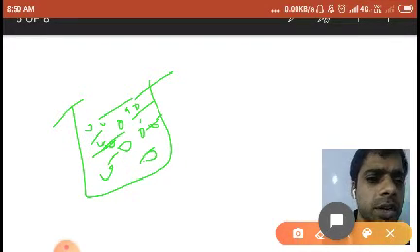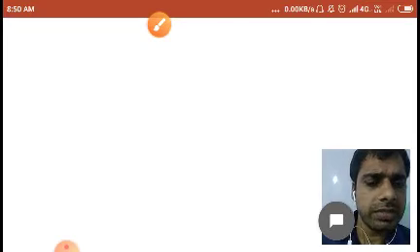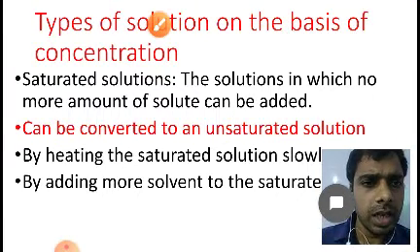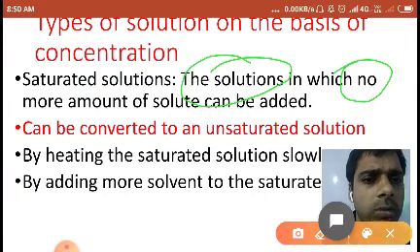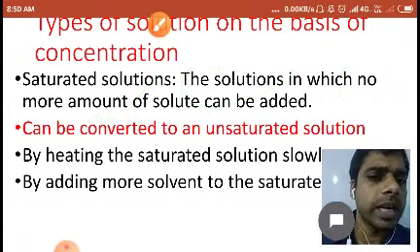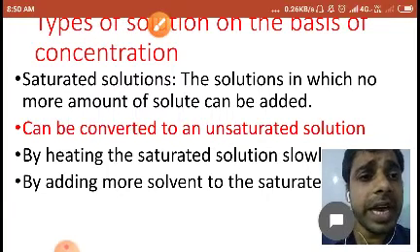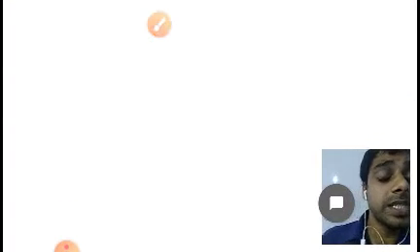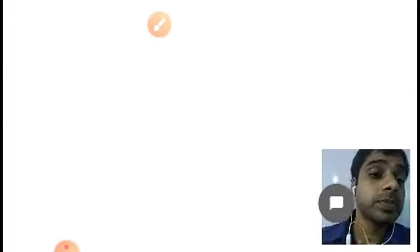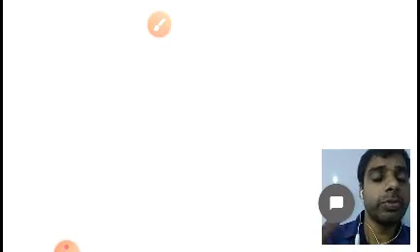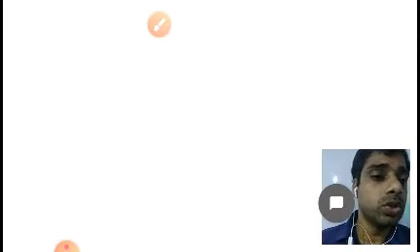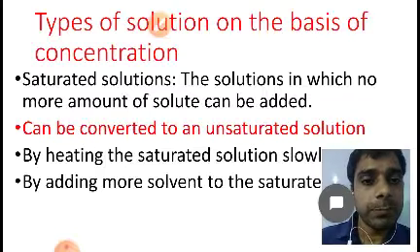So again, the definition: the solution in which no more amount of solute can be added, that is a saturated solution, meaning the interparticle space is fully occupied by the solute.